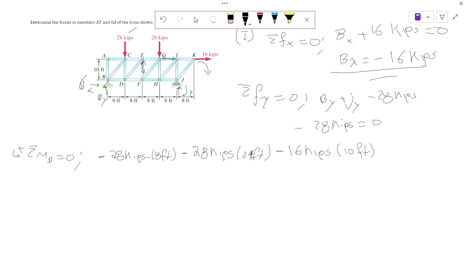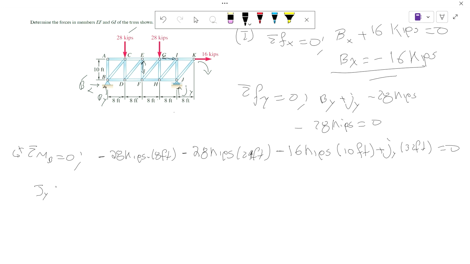And then we have Jy, which will help us find it. And this is positive, this is going counterclockwise. Jy times 8, 16, 24, 32 feet is equal to 0. So with that information, we can find Jy because it's the only unknown in this equation.